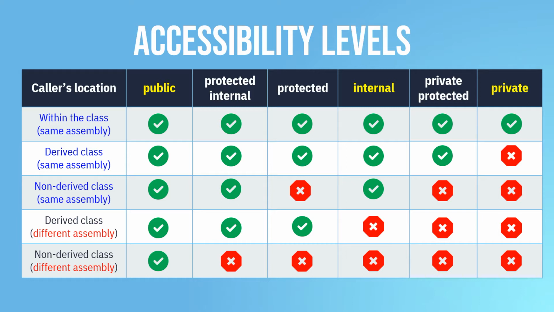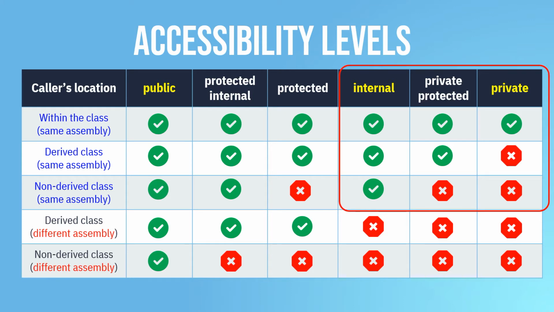You can see from here, if you want to keep the accessibility of your code only inside your program, no matter it's an exe or a DLL file, then using internal, private protected, or private will be enough.